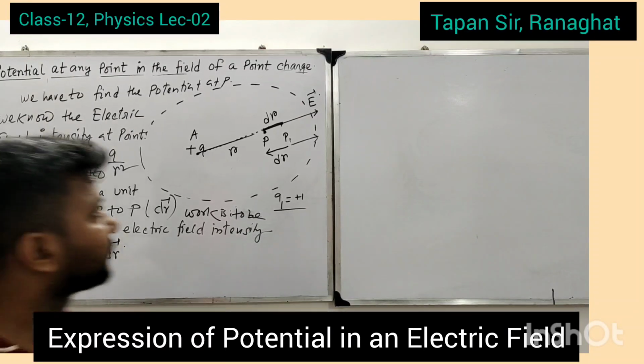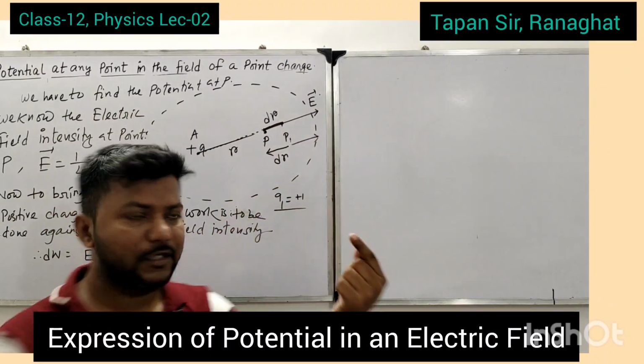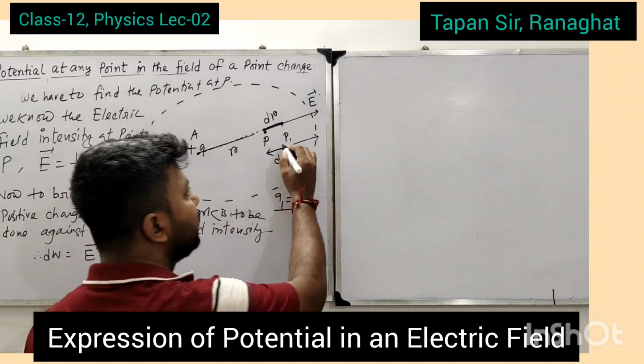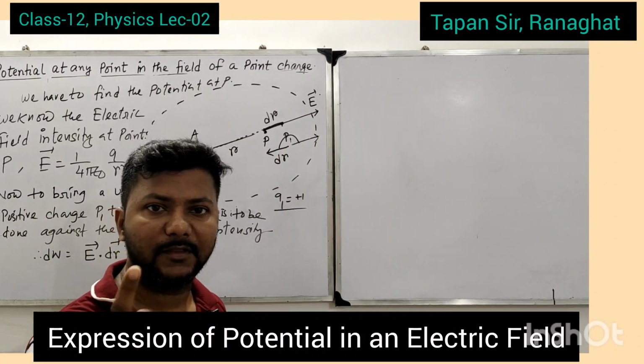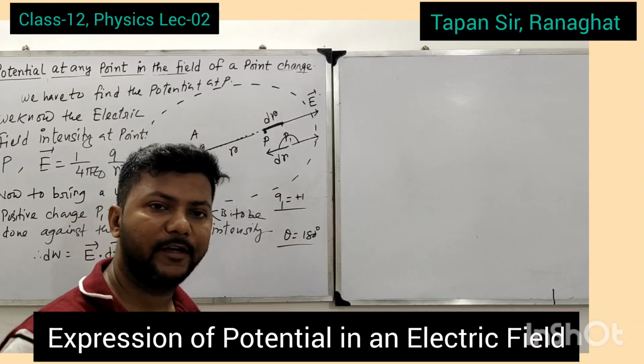Now let's see the direction of the electric field here, and the direction of the displacement. So they are opposite to each other, right? So यहाँ पर theta is equal to 180 degree.